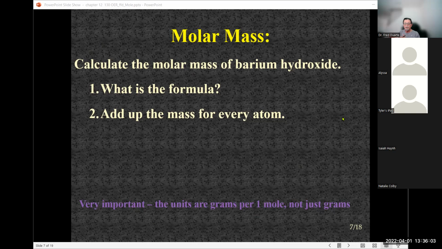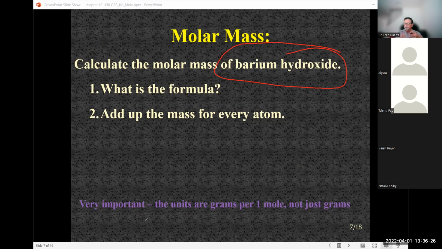Now, why would we need this? I'll tell you here in a second. Well, the first thing we're going to do is write the correct formula, okay? And we're given the compound right here, okay? Always write it in ionic form first, so you can make sure you put them together in the correct ratio.